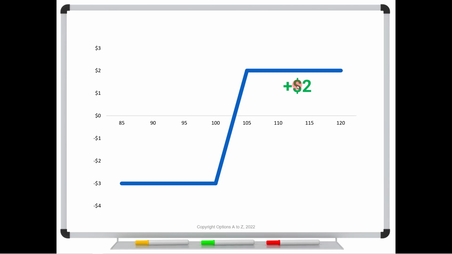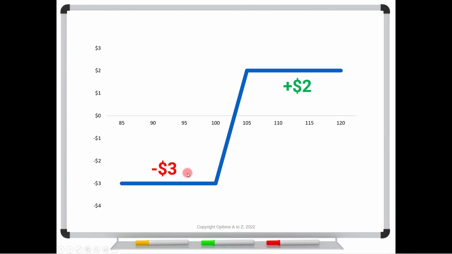When you sell a spread, it is a liability. That does not make it bad. It's just that it's not an asset. You have an obligation equal to the difference in strikes. So if you received $2 credit and you now have a $5 obligation, your maximum loss is 3. Exactly what we saw for the call spread.